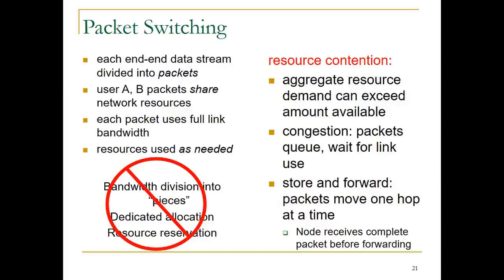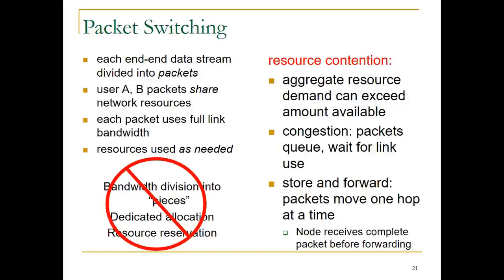So, resource contention: aggregate resource demand can exceed the amount available. Congestion: packet queues wait for links to use. Store and forward: packets move one hop at a time, and nodes receive complete packets before forwarding them.